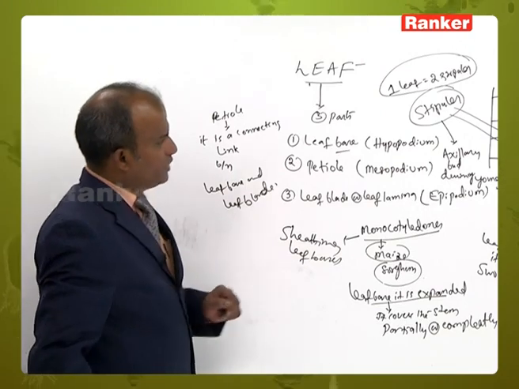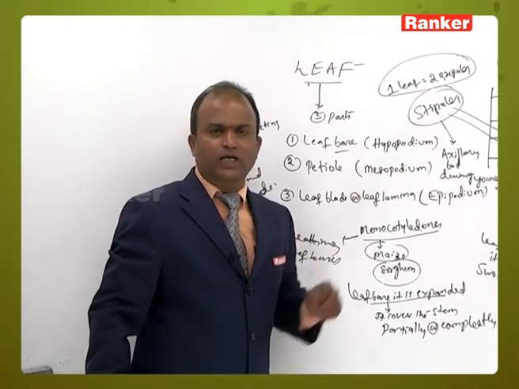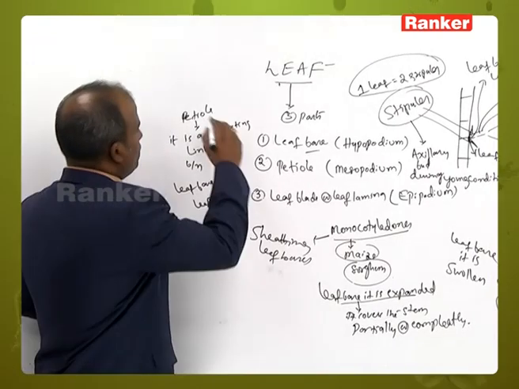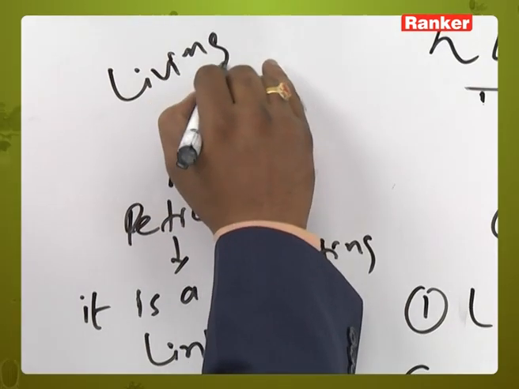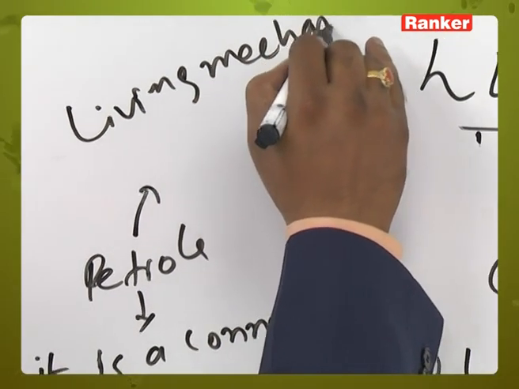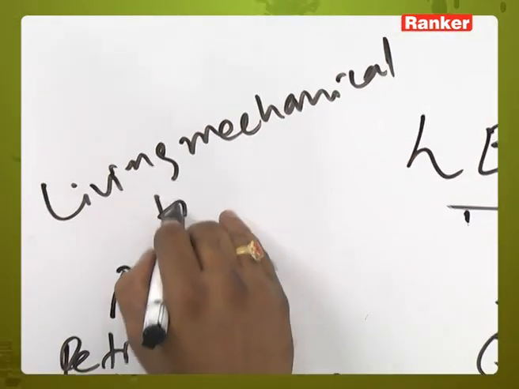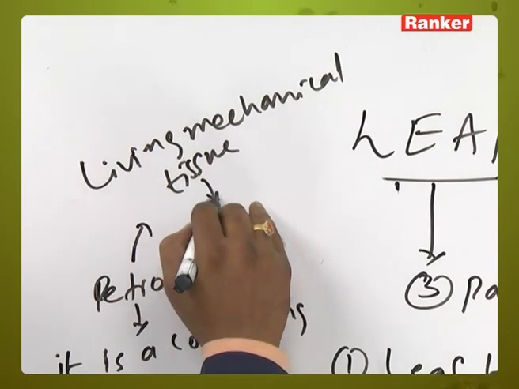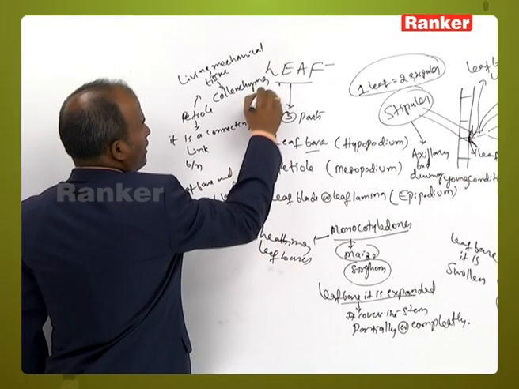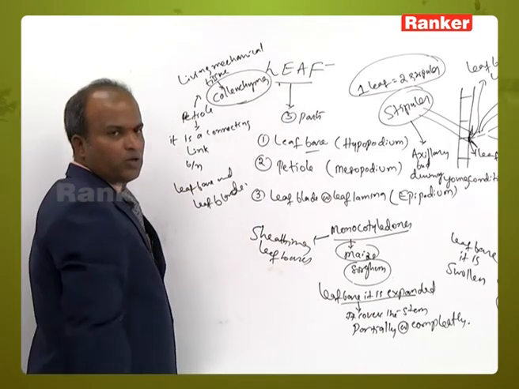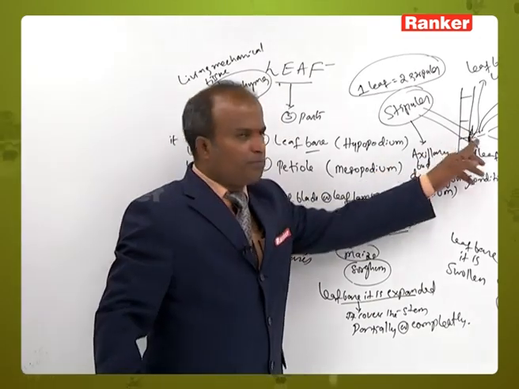Now, which type of tissue can be seen in the petiole? Living mechanical tissue, that is nothing but collenchyma, can be seen in the petiole.